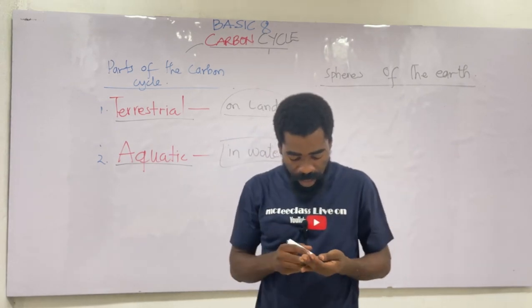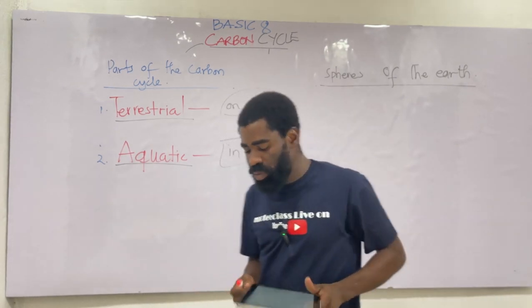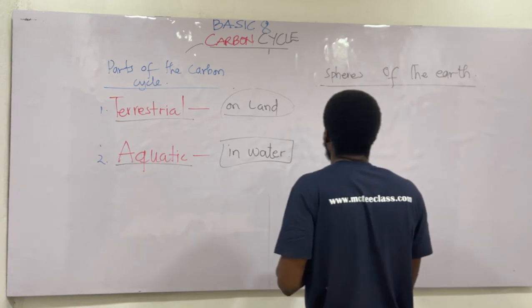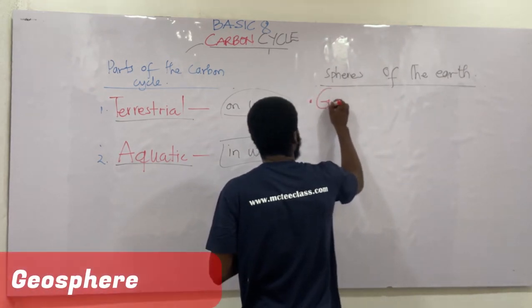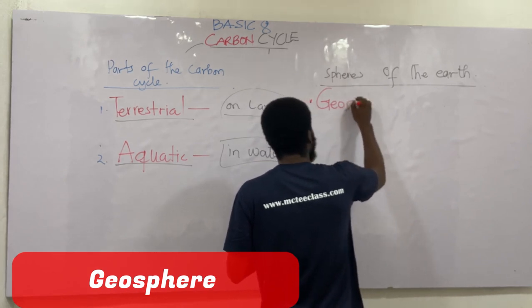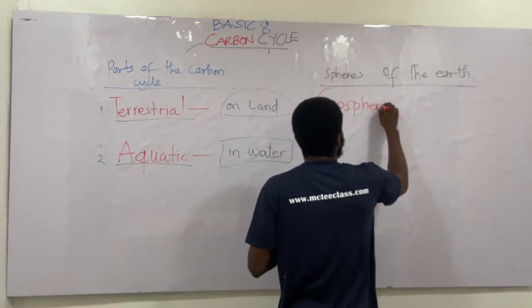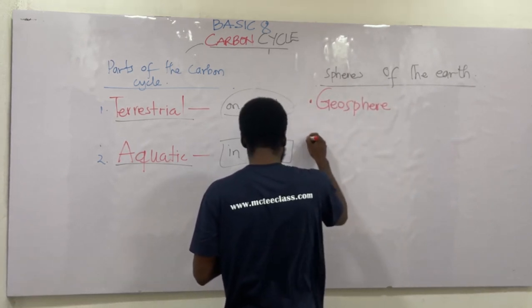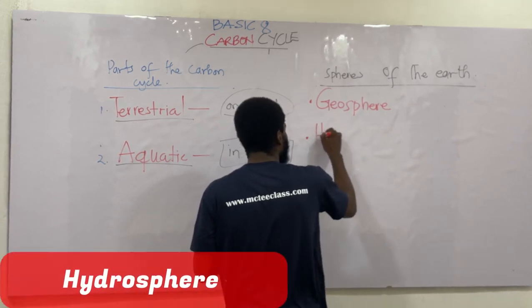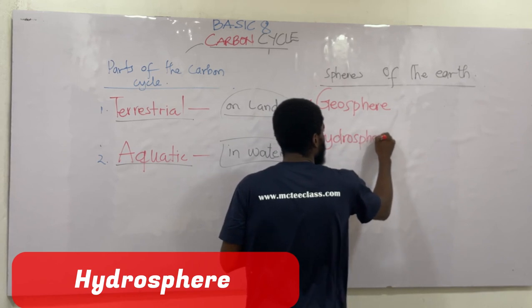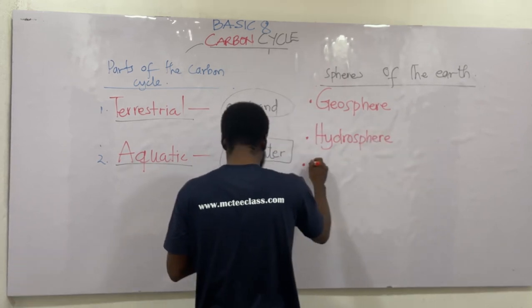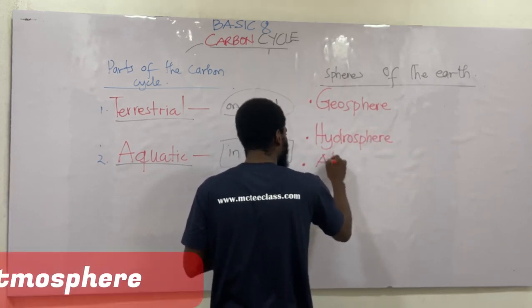The geosphere, the hydrosphere, the atmosphere, and the biosphere. So let's go. We have one, the geosphere. Then we have the hydrosphere. And we have the atmosphere.